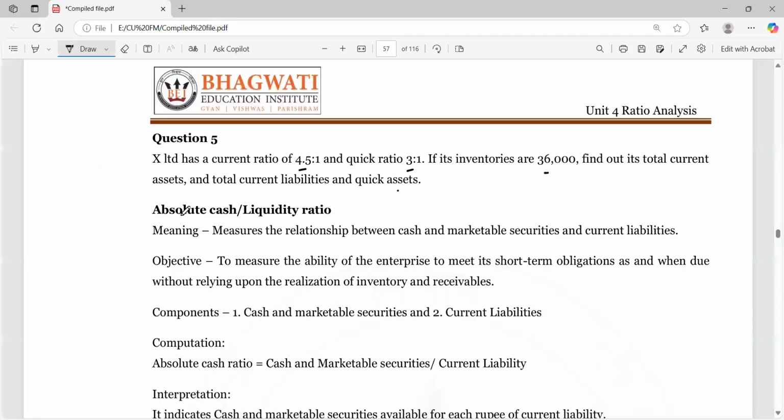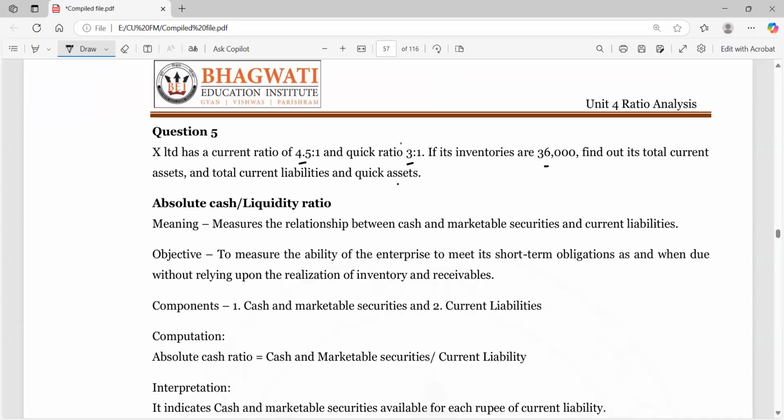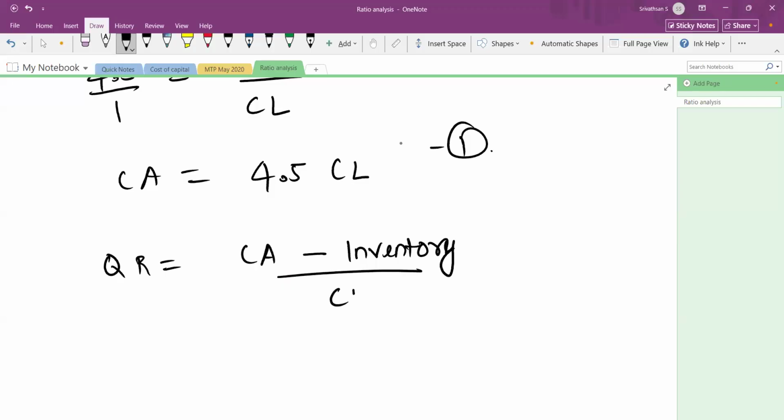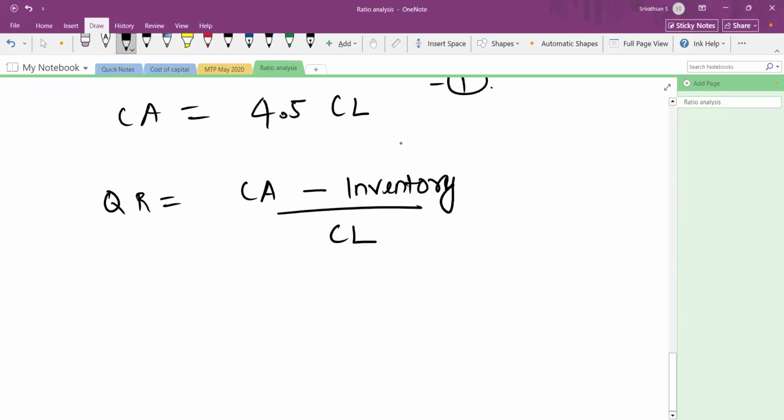Next, it is mentioned in the question, quick ratio is 3:1. So quick ratio is equal to current asset minus inventory. In this question, prepaid expenses are not given, so assume it as 0. So quick ratio is 3:1.